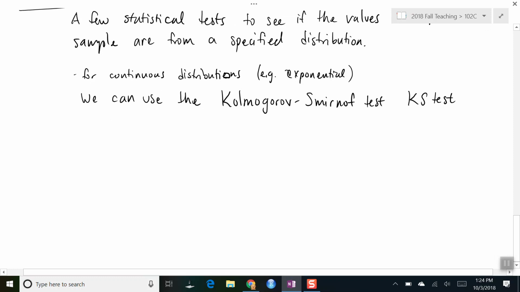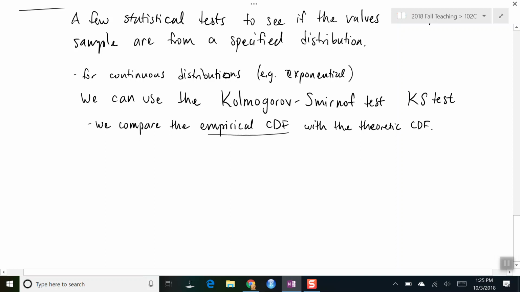These are, I think, two Russian mathematicians that came up with this. It's a non-parametric test to see if our observed data come from some specified distribution, and basically what we do is we compare the empirical CDF with the theoretic CDF.